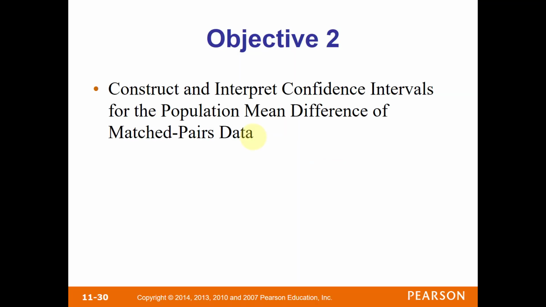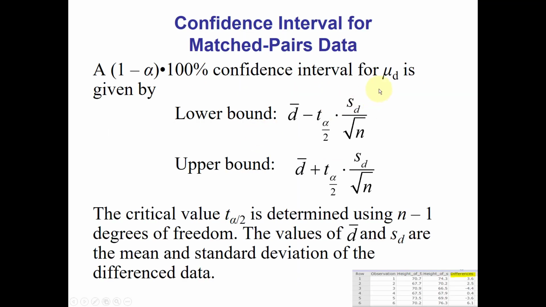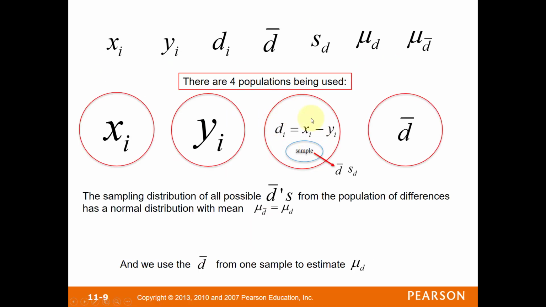Construct and interpret confidence intervals. What we're trying to do is estimate the overall population difference. The overall population difference. This is a mu. This is a population mean. We're trying to estimate the population mean for this population, mu subscript d.